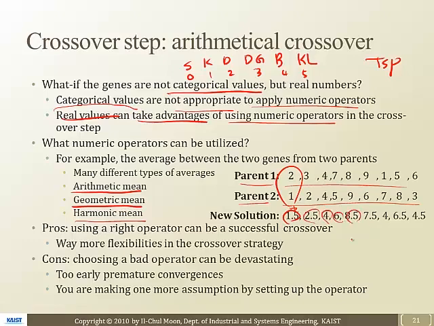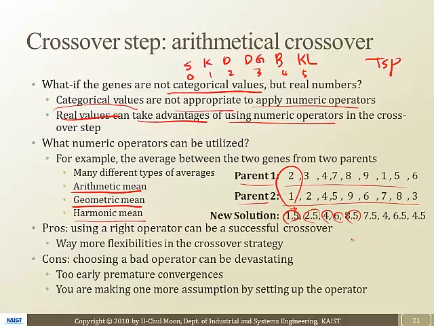And for the mean, the average, there are very different types of average in mathematics. So it's not only the one which we often use, arithmetic mean, but geometric mean and harmonic mean are also valid means from certain perspectives. So you can utilize that approach.